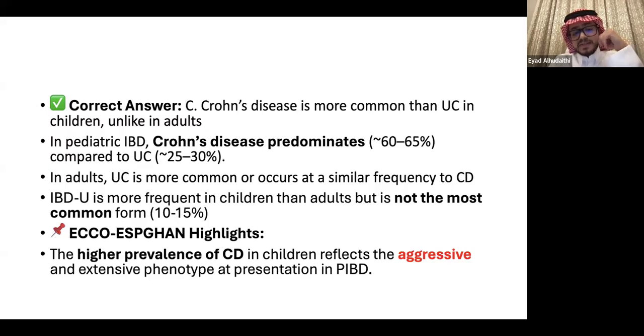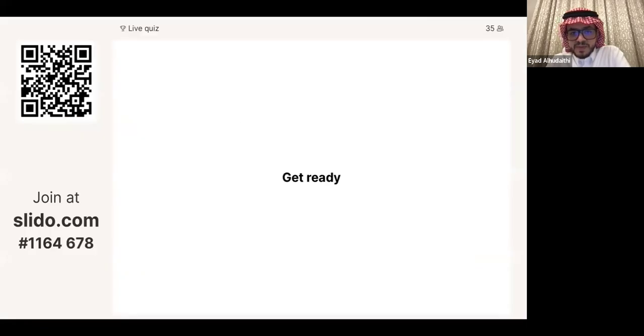IBD unclassified is more frequent in children than adults, but it's not the most common form. The ESPGHAN highlights that the higher prevalence of Crohn's in children reflects the aggressive and extensive phenotype at presentation in pediatric IBD. That's why in most of the adult studies, they made the age of onset a risk factor or risk stratification.